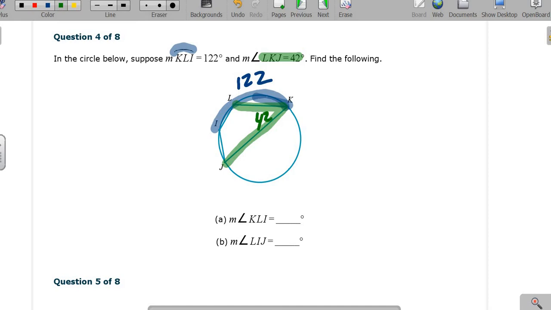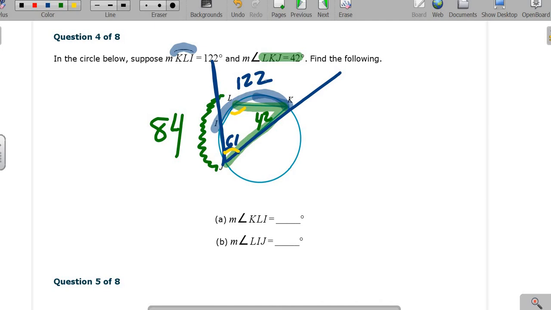Okay, step number 1. We know that this is an inscribed angle. So from here to here is going to be double. And if you take this out and frame this angle, it's going to be half of the 122. So that's 61. And then if you look very carefully, these angles have to add up to 180.